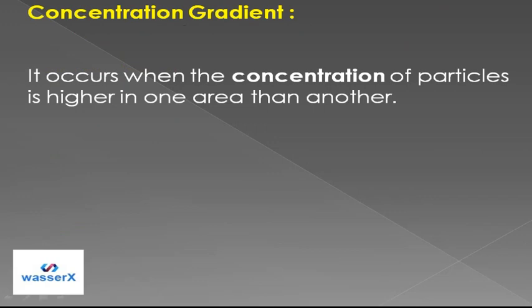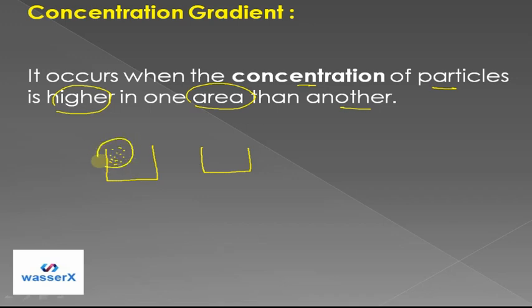Next thing, concentration gradient. What is that? A concentration gradient occurs when the concentration of particles is higher in one area than another. If we take the example, I have two beakers. Here I have the molecules, so there is a high concentration of particles in this area initially, and there is no concentration of particles here at the 0-second time.